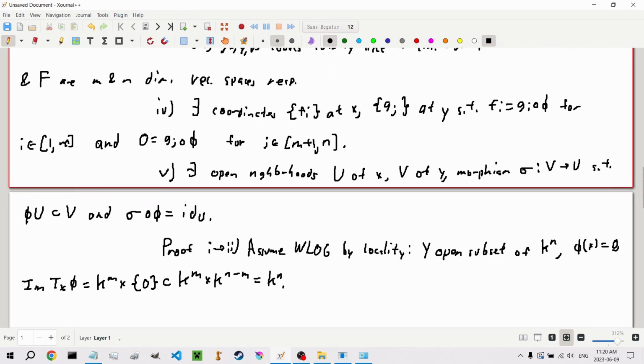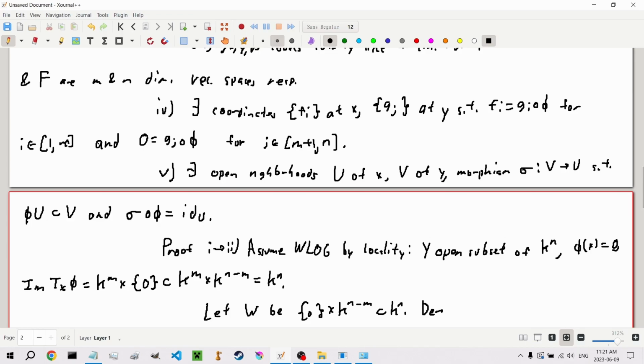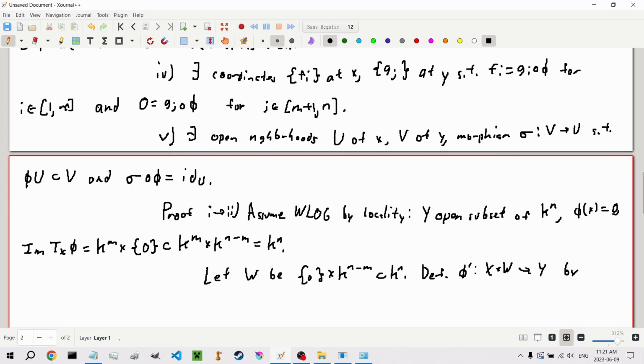So we can let W be 0 times k to the n minus m inside of k to the n, and we're going to define a map phi prime from X times W to Y by phi prime of x and w being equal to phi of x plus w.